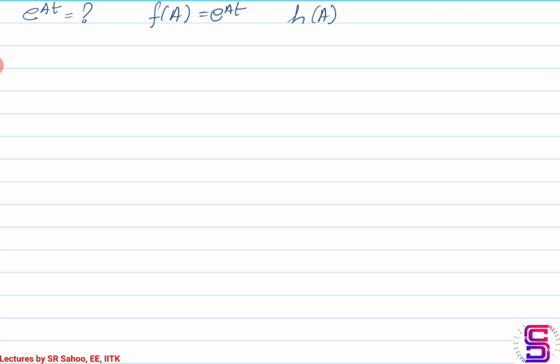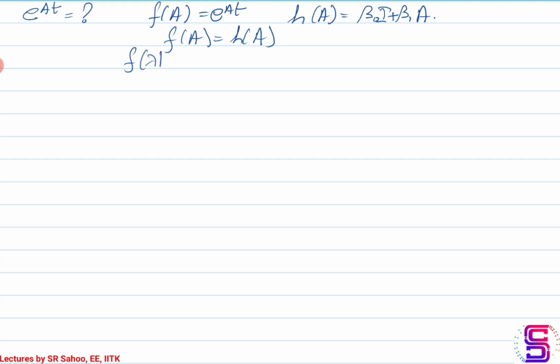Because the order of A is 2 cross 2, h of A is nothing but beta 0 times identity plus beta 1 times A, and we have f of A equal to h of A.